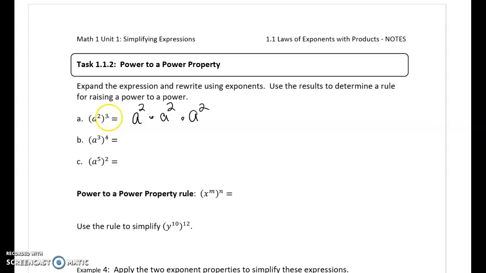That's what the exponent of 3 is telling us, to take this base of a squared and multiply it times itself 3 times.